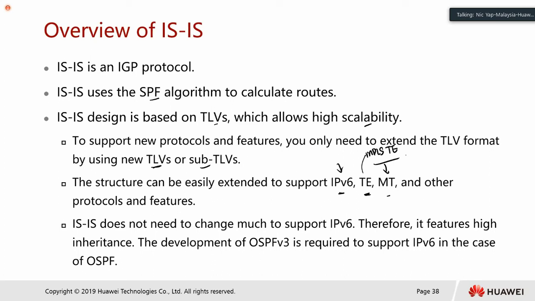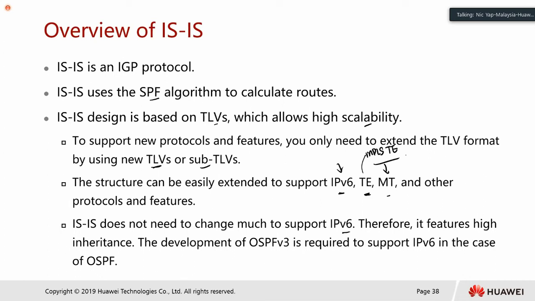Just like to support MPLS TE in OSPF, we enable the opaque LSA, the type 9, type 10, and type 11 LSA. But for ISIS, it just extends the TLV to support IPv6, traffic engineering, and multi-protocols.